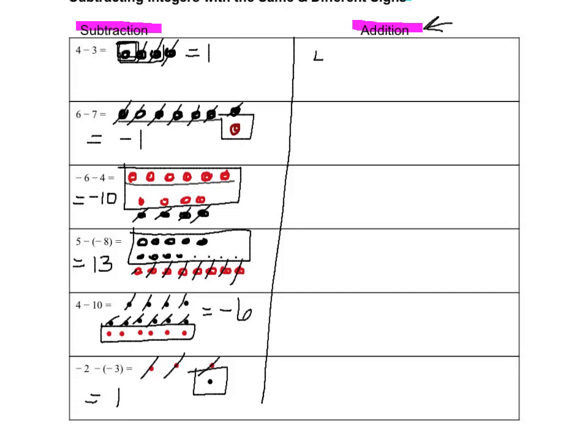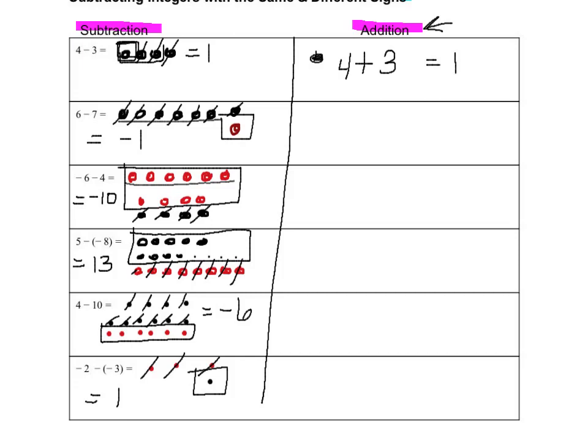We keep the first number the same. The subtraction will get changed to addition. Now we know that if we were to keep the second number the same, we would get a completely different answer. 4 plus 3 is 7. But we have to get an answer of 1.